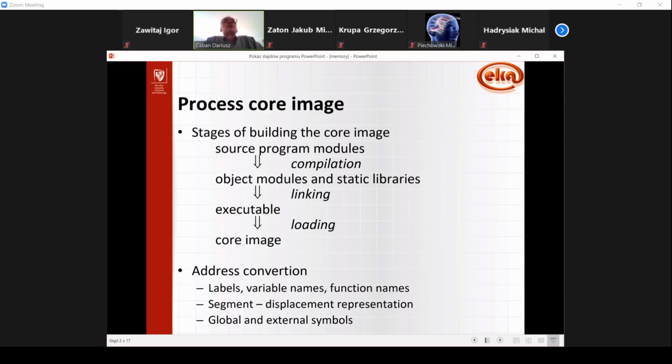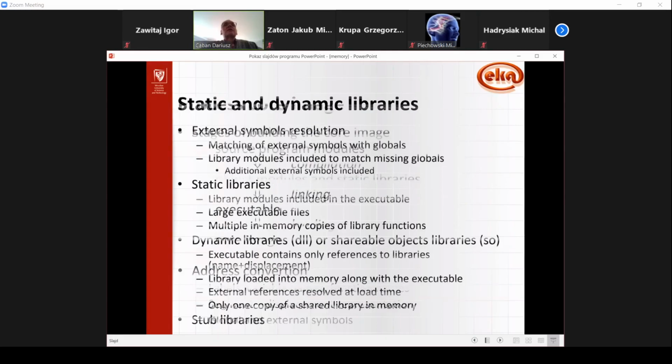But of course, during execution, the user context is changing, whereas the core image is the image that is produced during loading. So it's the initial state of the user context of a process, which will then change. Okay, so that's more or less what happens.